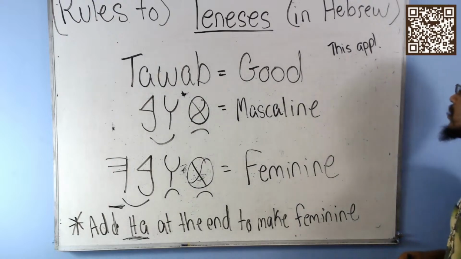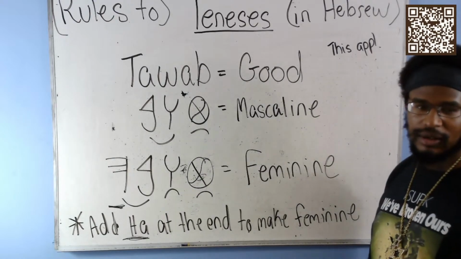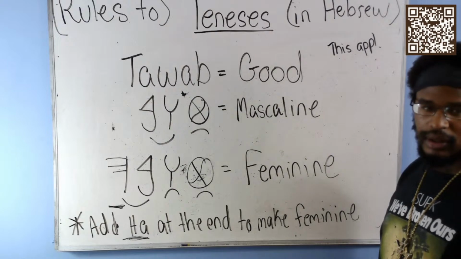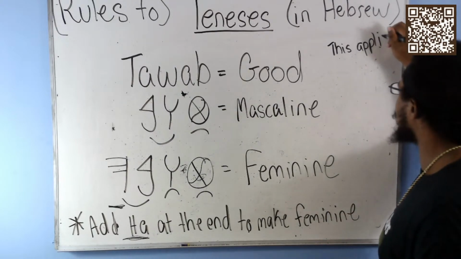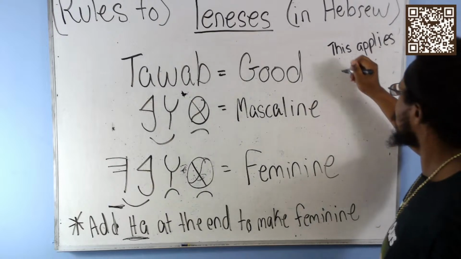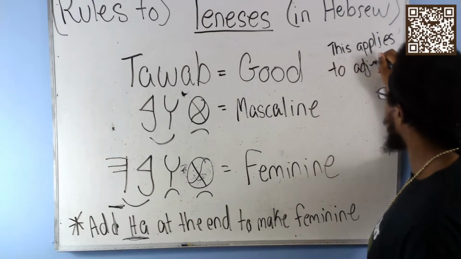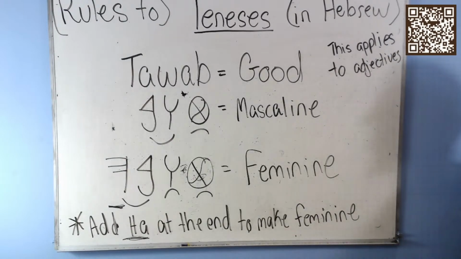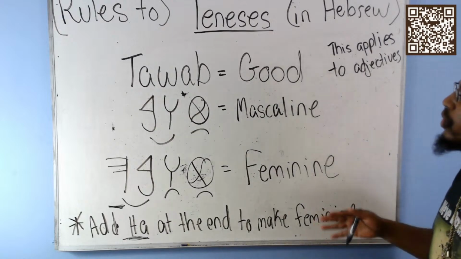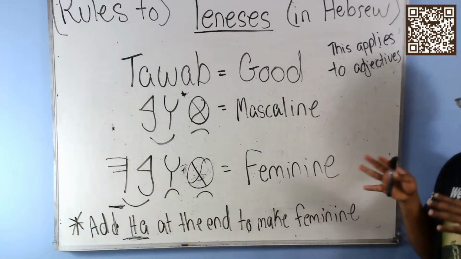Applies. Is it YS? I don't think it's YS. How are you supposed to put applies? Okay. This applies to adjectives. This is one of the general rules to Hebrew before we get into the tenses.